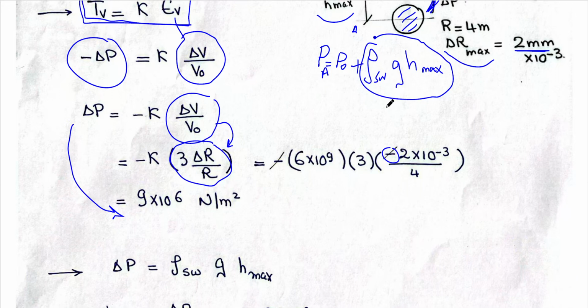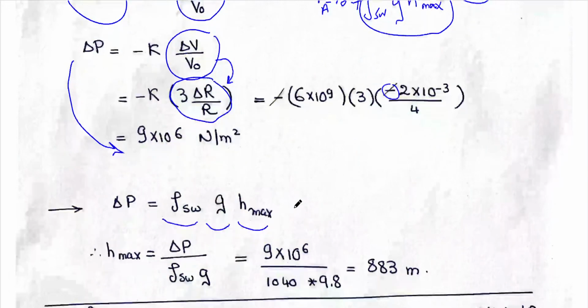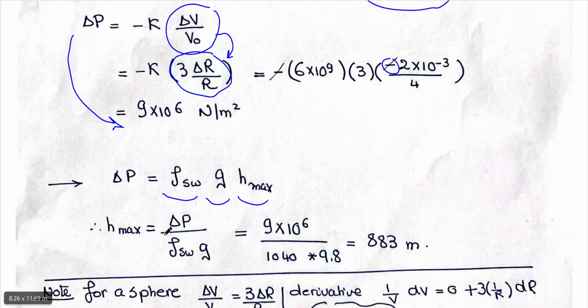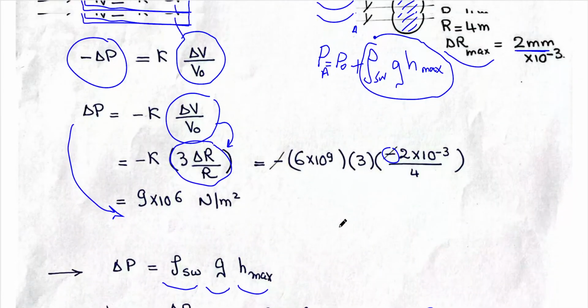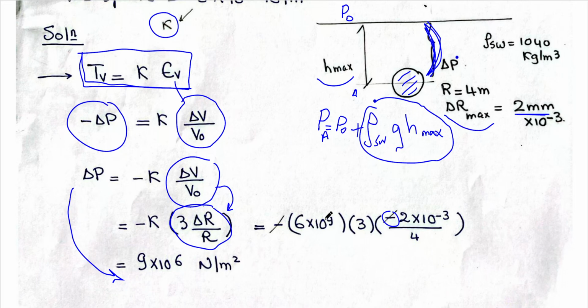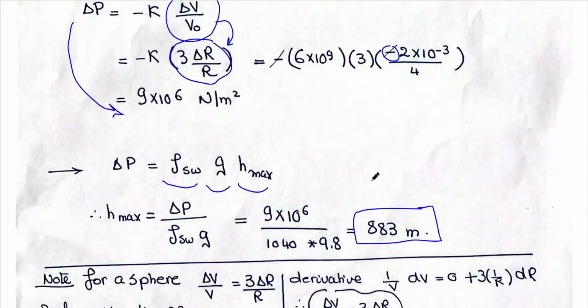This increase in pressure equals rho seawater multiplied by g multiplied by H max. I can get H maximum by dividing delta P over rho seawater and g. You will find it 883 meters. So this is the maximum depth I can put this sphere under to make this delta R this value.